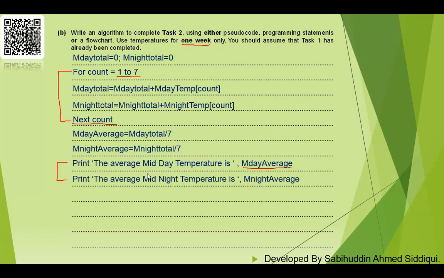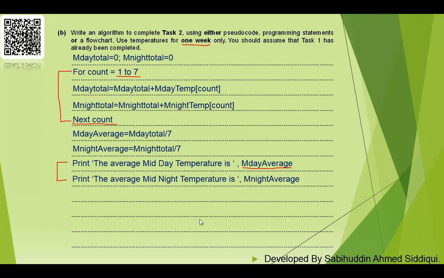You can print directly the average, the variable here in which you have stored the running total with the help of the array and loop, and then the average you have calculated here. Now print: the average midnight temperature is midnight average. The average midnight temperature, the average midday temperature, you have calculated both and now displayed them.